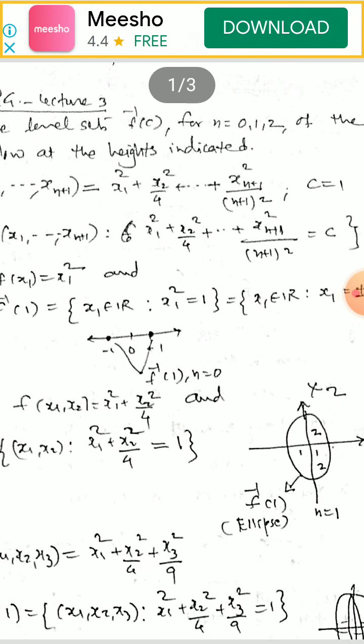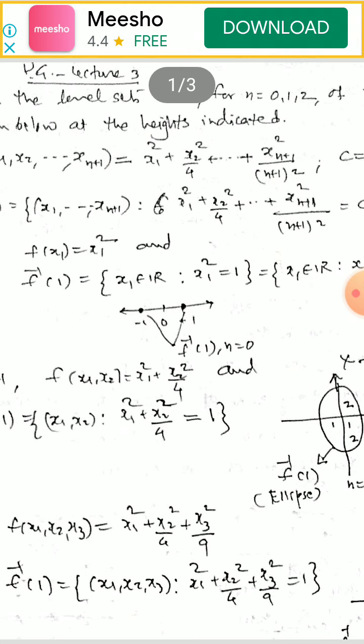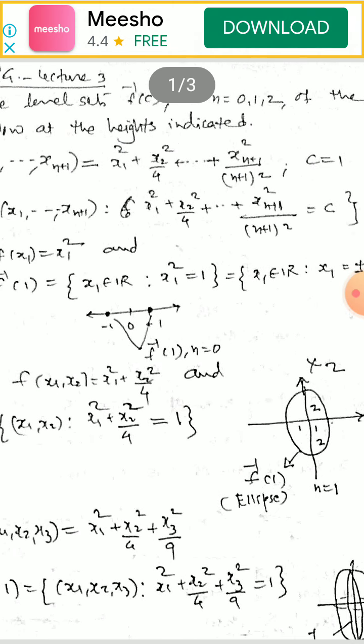That is the set of x1 belonging to R where x1 is equal to plus or minus 1. So this level set is a set of points on the real line. How many points are there? In f inverse 1, there are only 2 points, plus 1 and minus 1. So this is our f inverse 1 for n is equal to 0. This f inverse 1 is a set containing 2 points only, minus 1 and plus 1.